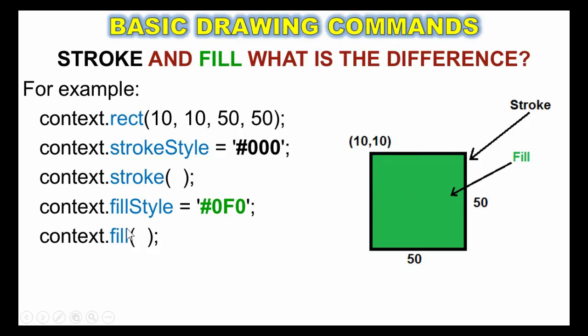The command context.fillStyle, it will fill a color of green, followed by the command context.fill, it will now fill it up with the color green inside the rectangle. So, the stroke is an outline, whereas the fill is the color filled inside the box. And that is the difference between stroke and fill.